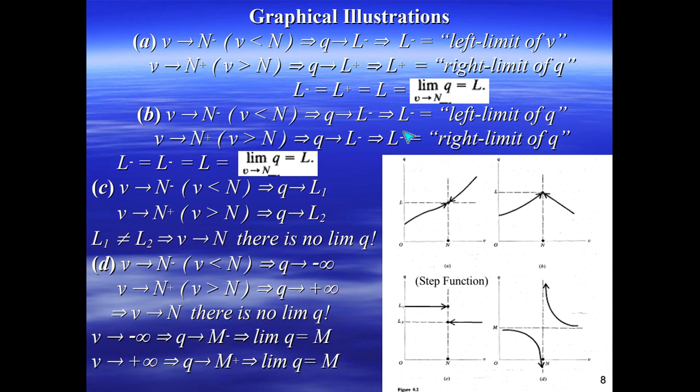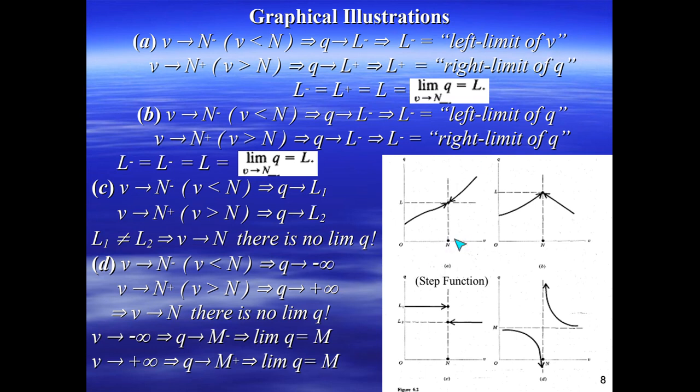V is less than n, and the Q values, the function values, go to L from below. So Q goes to L minus as well. When V goes to n minus, that is when V approaches n from values below n, Q goes to L from below, from values less than L.